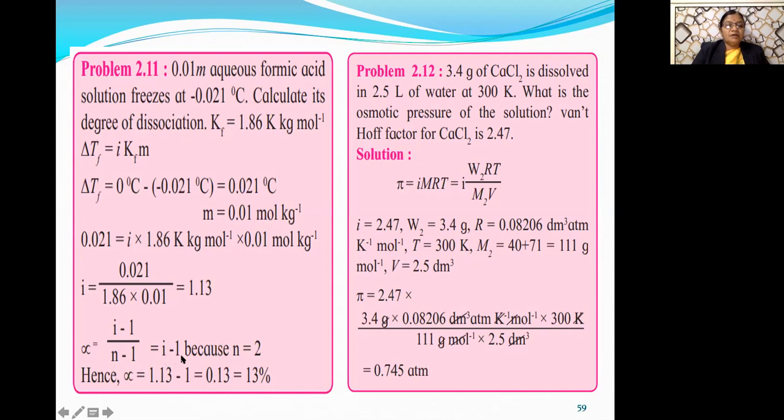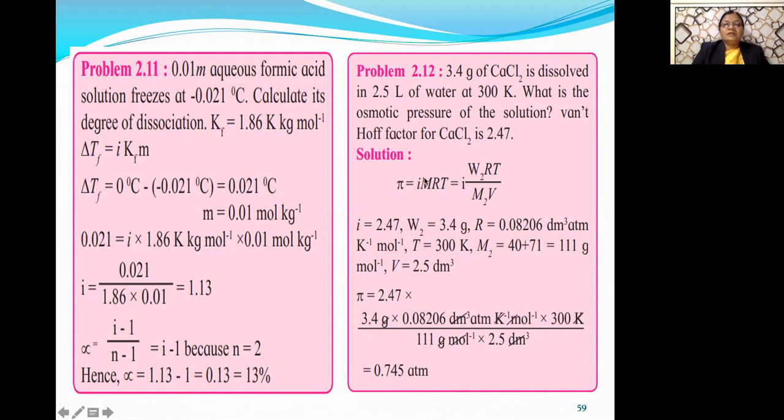Here n, that is x plus y, becomes 2. For formic acid the value of n is 2, as there are two particles, a cation and an anion. After dissociation, formic acid gives H plus and HCOO minus. So the degree of dissociation is 1.13 minus 1, that is 0.13.